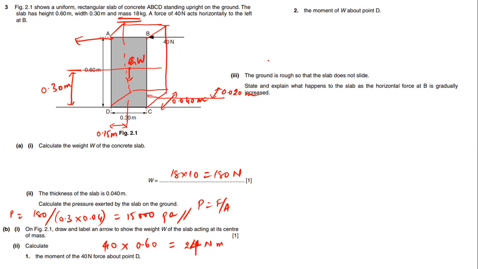It's 0.15, because weight is acting at the center here. Along this line you should take 0.15, so 0.15 is your distance.